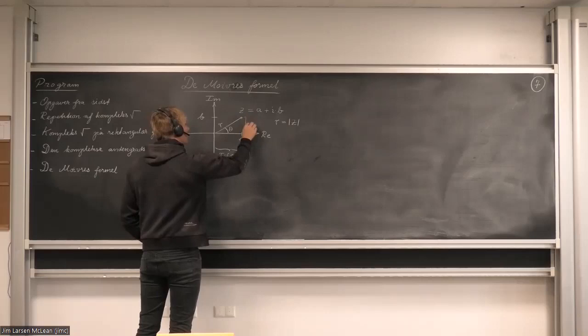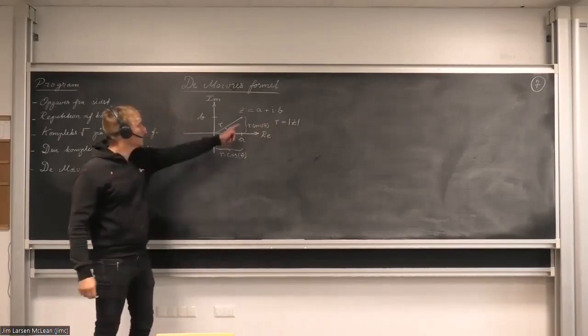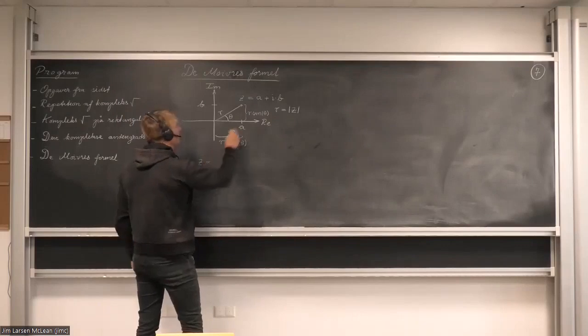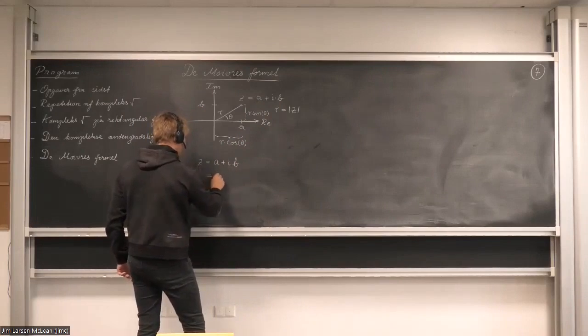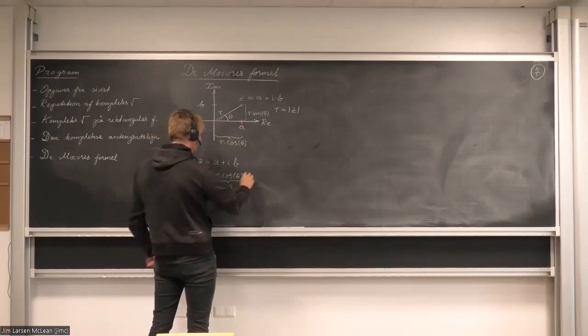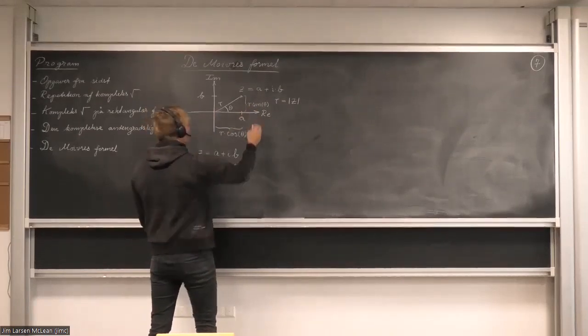So here we have r times the sine of theta. And that means the complex number z, which we had up there, can now be written, instead of writing a plus i times b, as r times the cosine of theta. Because this is a different way to write a. And that was the distance, which was a plus i times b, but b was r times the sine of theta.